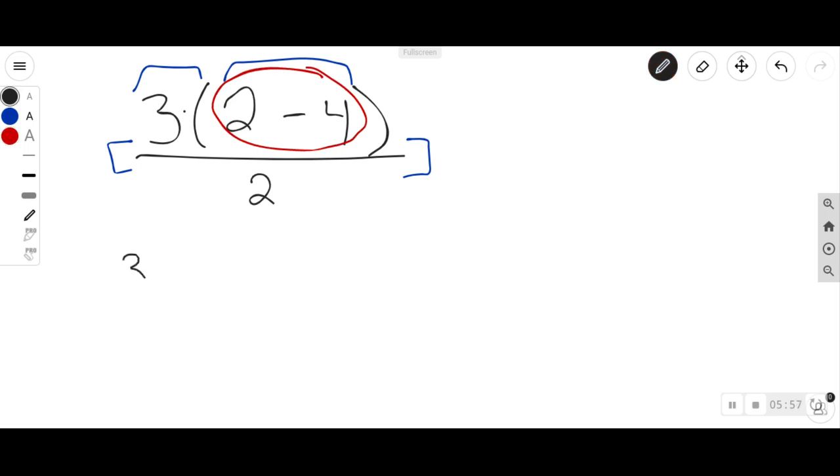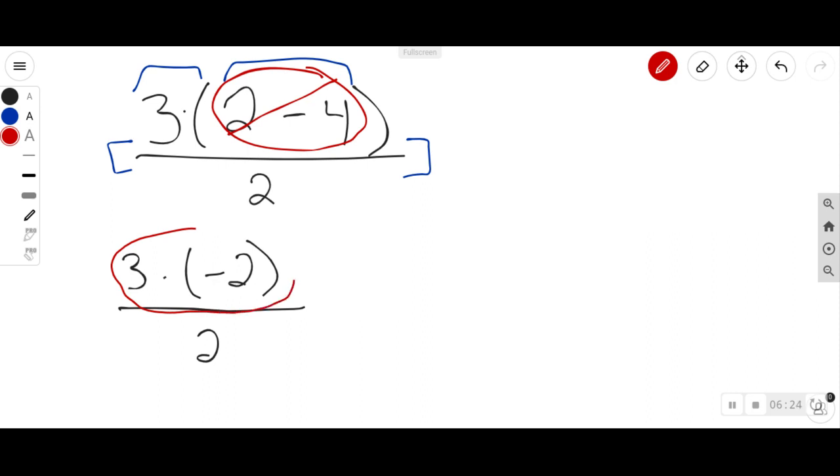So we have 3 times 2 minus 4 is negative 2 all over 2. So this part is gone. Now I've got a times and a divide. We can't usually use the left and right here, but since the times is on top of the entire division, that's sort of like being on the left. We do have to deal with that first.